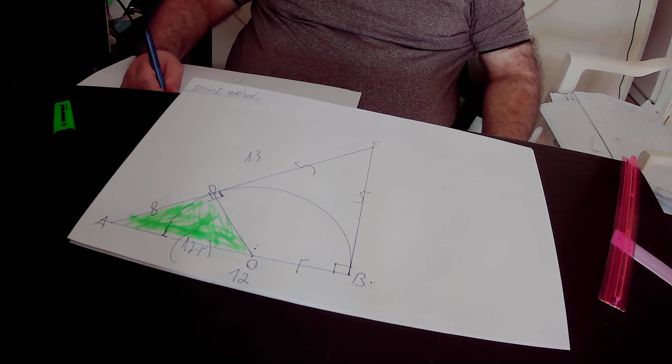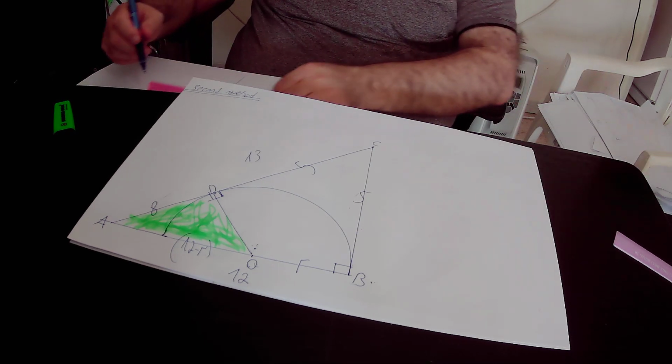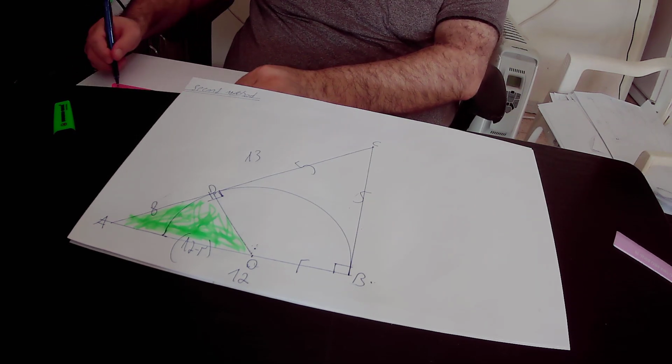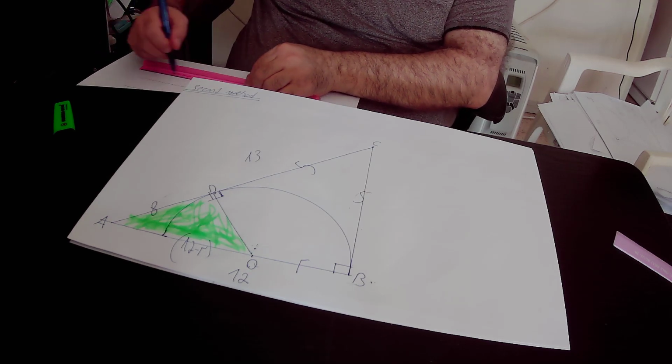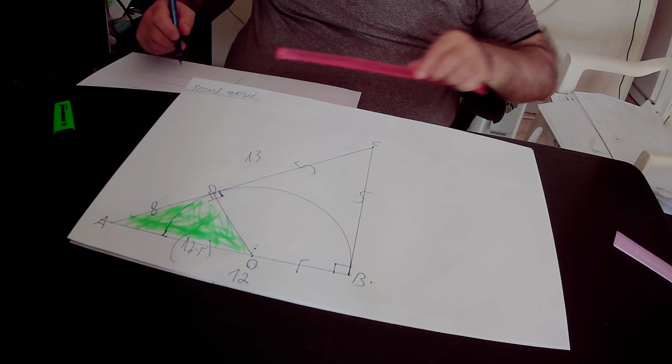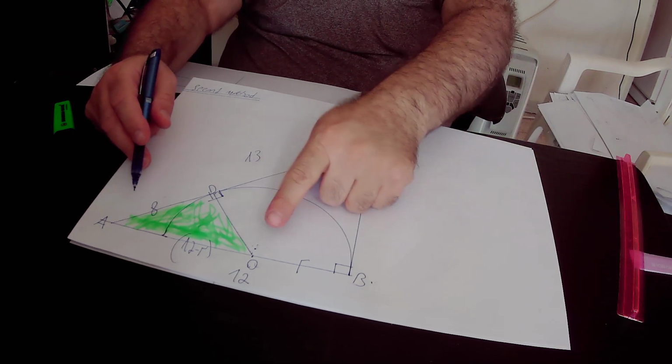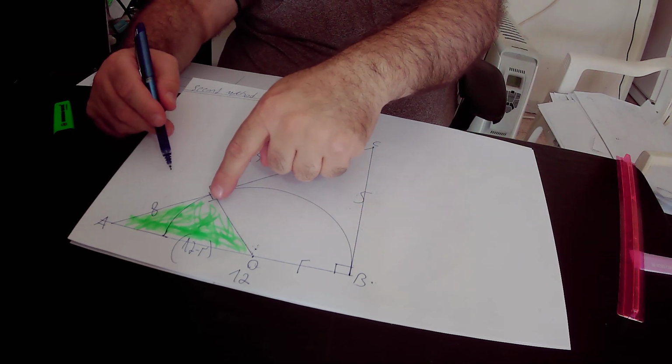So the hypotenuse in the green right triangle is actually AO because it is in front of the right angle.